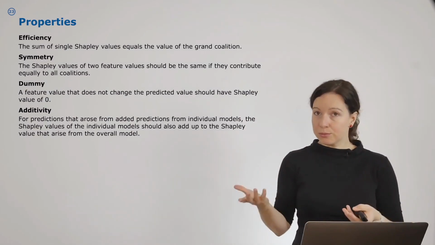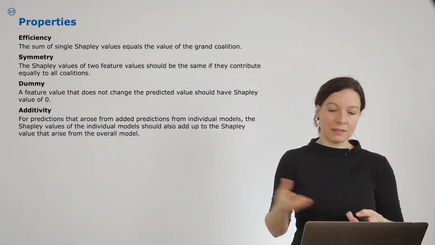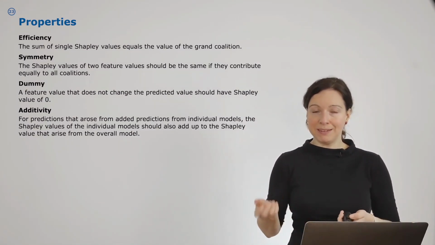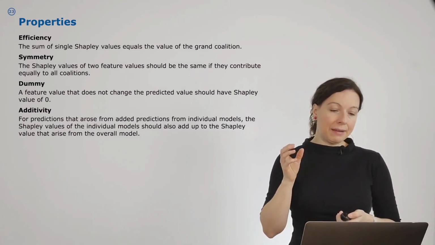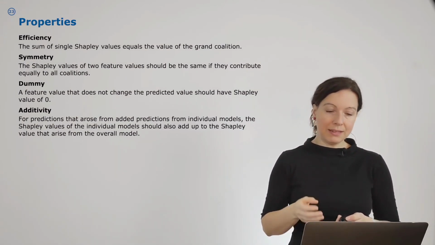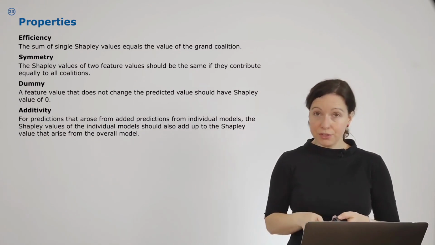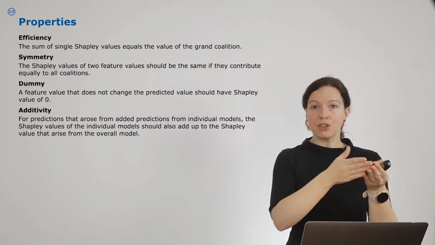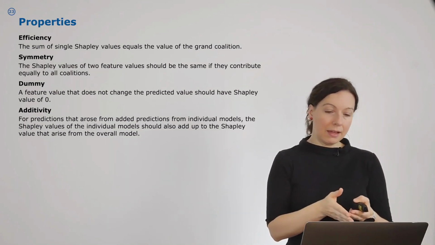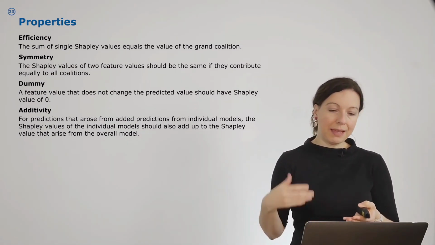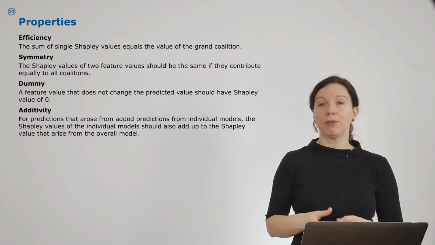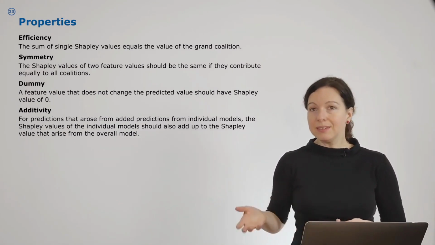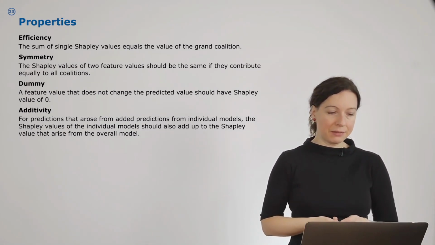Suppose you trained a random forest, which means that the prediction is an average of many decision trees. The additivity property guarantees that for a feature value, you can calculate the Shapley value for each tree individually, and then you can average them and get the Shapley value for the feature value for the random forest. So this is actually fulfilled, and this is a nice property.